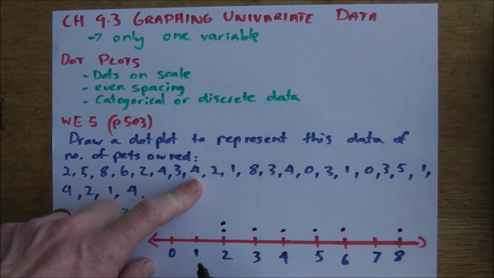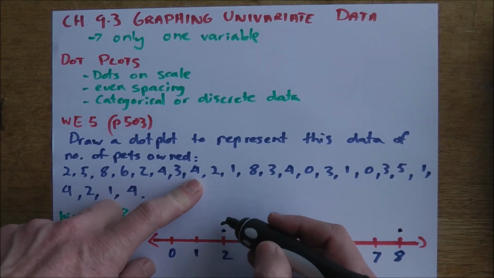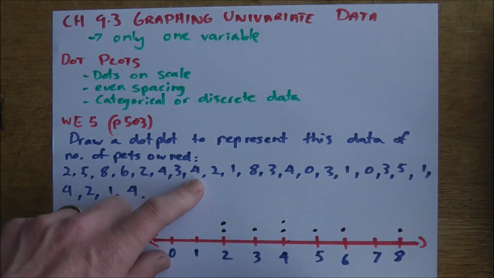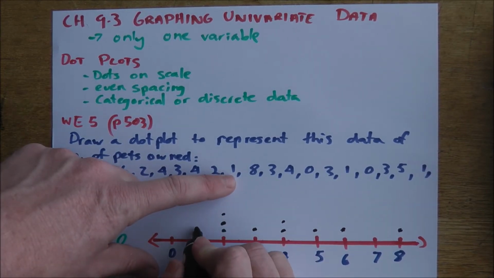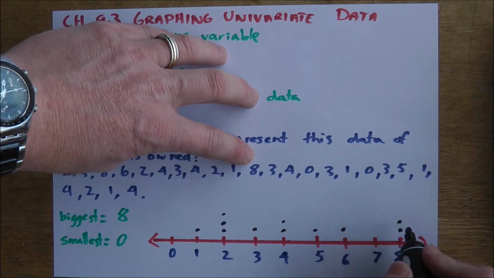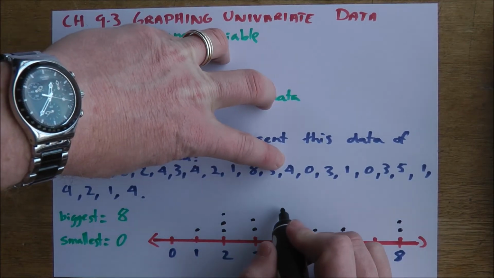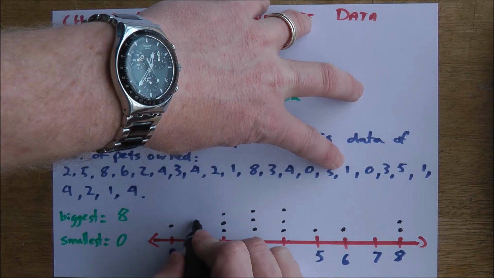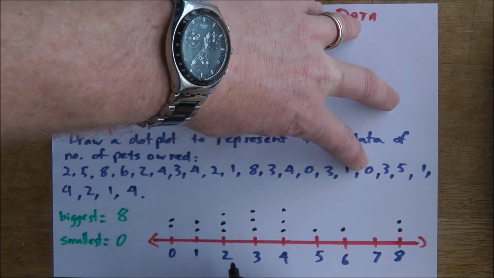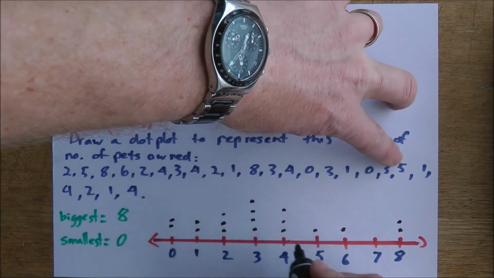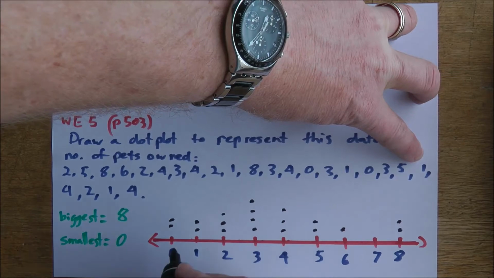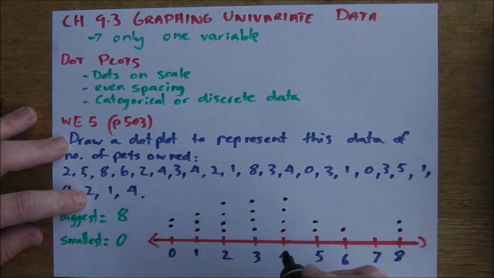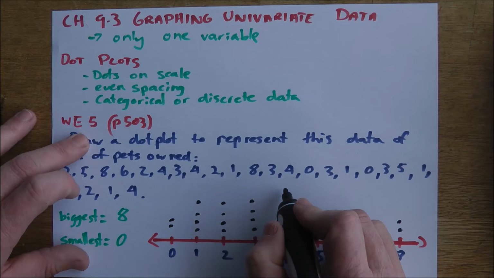It's a little hard on this one because I've got no lines, whereas your book will probably have some lines on the page to help you keep them in line. 4, 2, 1, 8, 3, 4, 0, 3, 1, 0, 3, 5, 1, 4, 2, 1, 4.